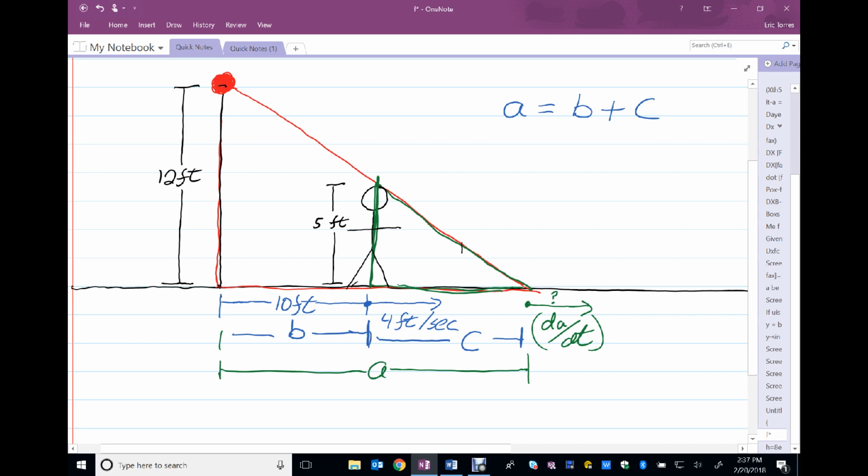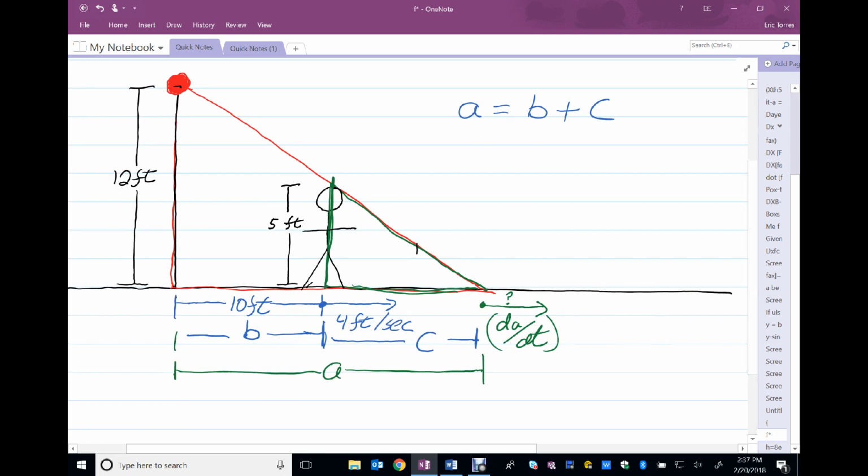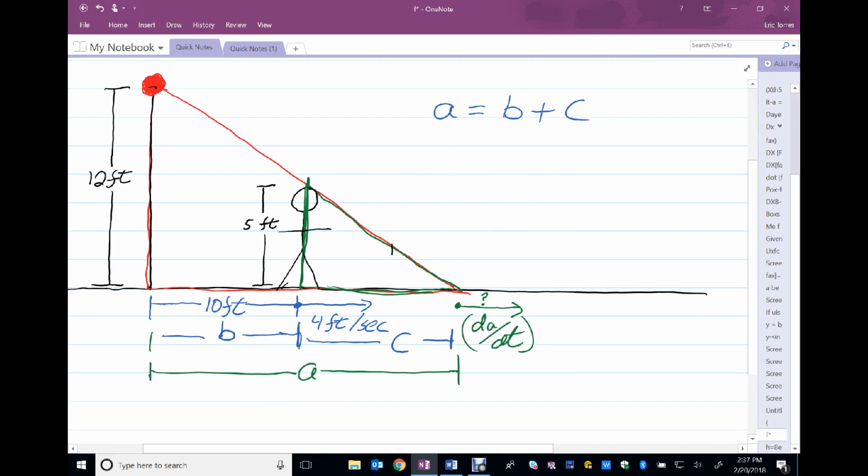Same triangle there. So I'm going to use my similar triangles, or I can also use the trigonometric identity called the tangent. In that case, the tangent of both, and that's my little angle here, theta, the tangent of theta gives me 12 over A. It also gives me 5 over C.